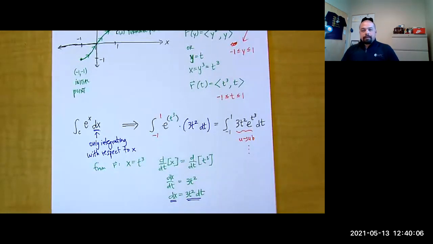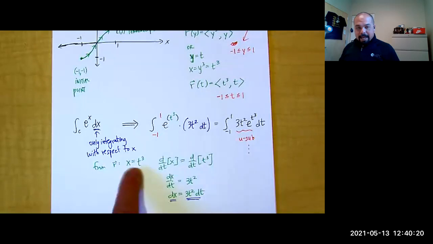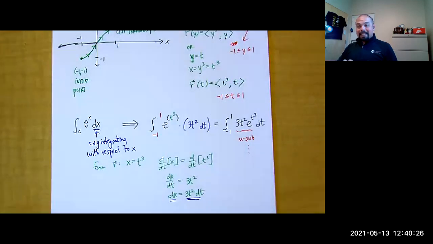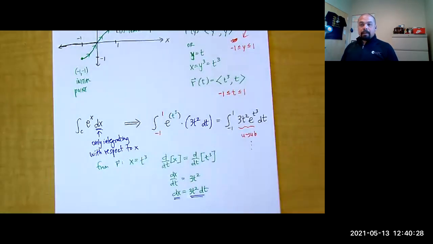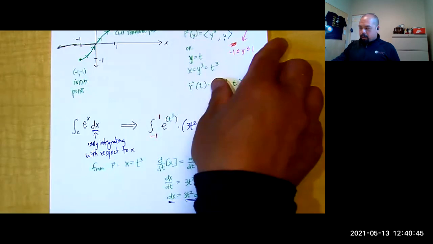But setting up those components, that's the big part. So even if we don't have that ds, right? That ds is that more arc length, so we need that square root component. But this is just dx. Dx, if we have it parameterized, x is t cubed, dx dt. Move that dt to the other side, we get this integrating factor, just like a u sub really in that creation, okay? And again, I'm going to leave the actual final integrations for you to work on. The setup is the critical part, okay? All right, so with that in mind, that part, boom.